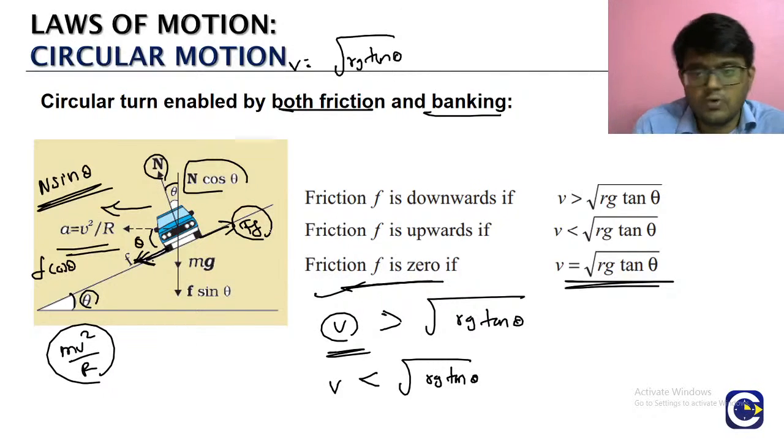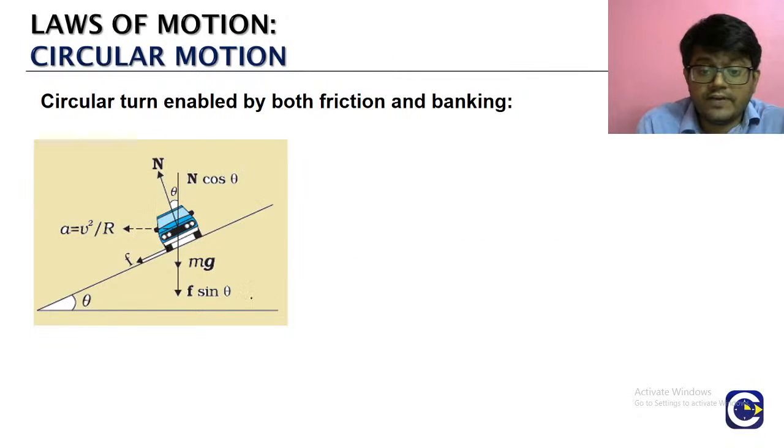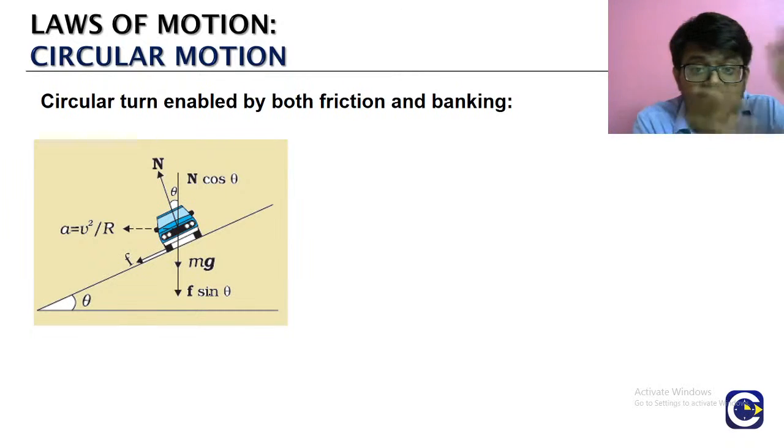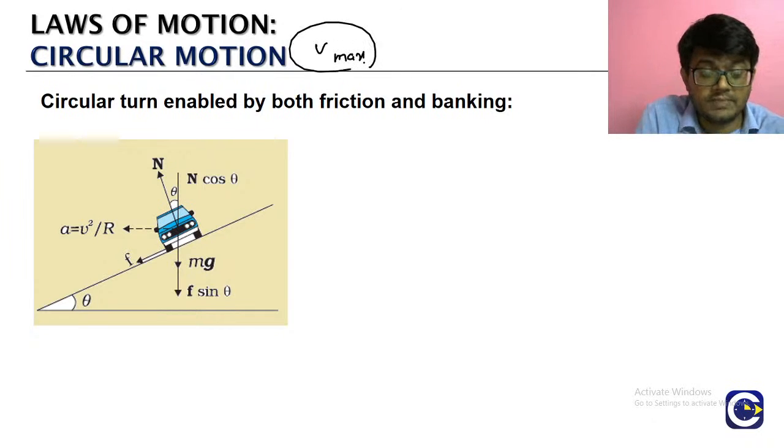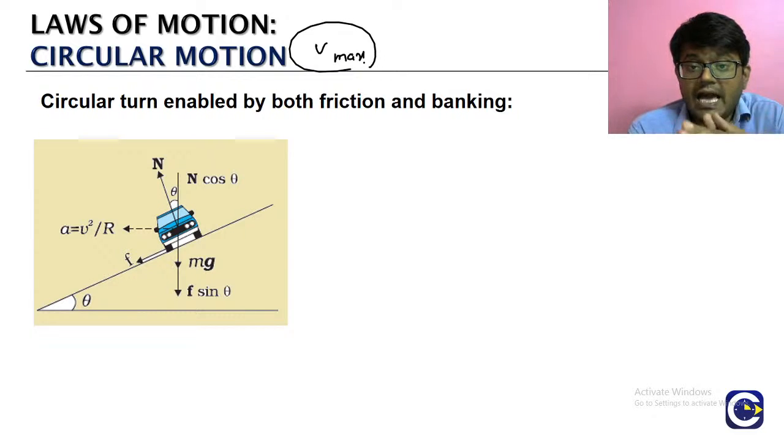If we are looking for the maximum speed, we should have the maximum possible forces towards the center of the circle. Because our centripetal force requirement is going to be highest, we should have as many force components as possible towards the center.